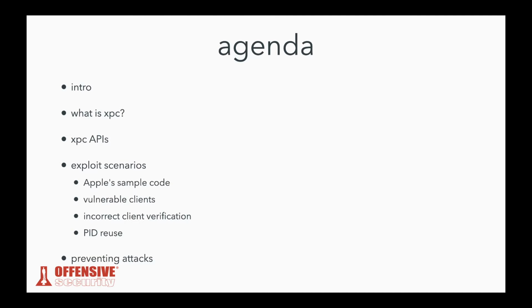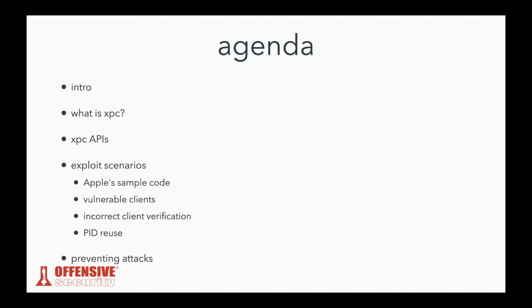So what I will talk about today is again XPC exploitation on macOS. First I will introduce it, then talk about what is XPC, then talk about the XPC APIs macOS is offering, and then talk about all the exploit scenarios we can face when trying to exploit XPC services.